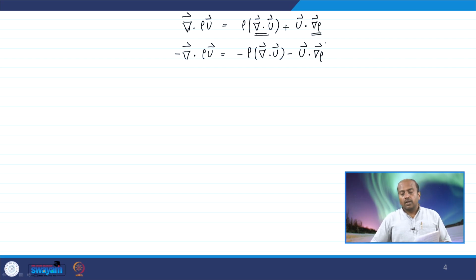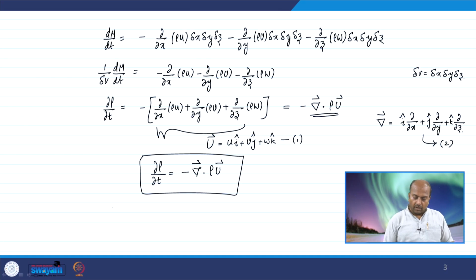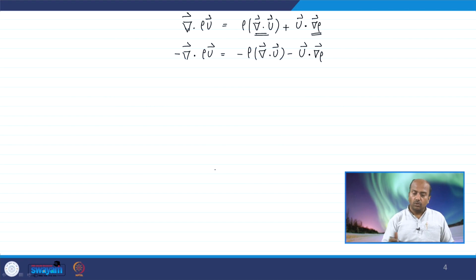Del rho is the gradient of density, which is a vector, so both the terms are actually now scalars. Now, substituting this into the form of continuity equation that we have derived just now, I have written the right hand side as term number 1 and term number 2.